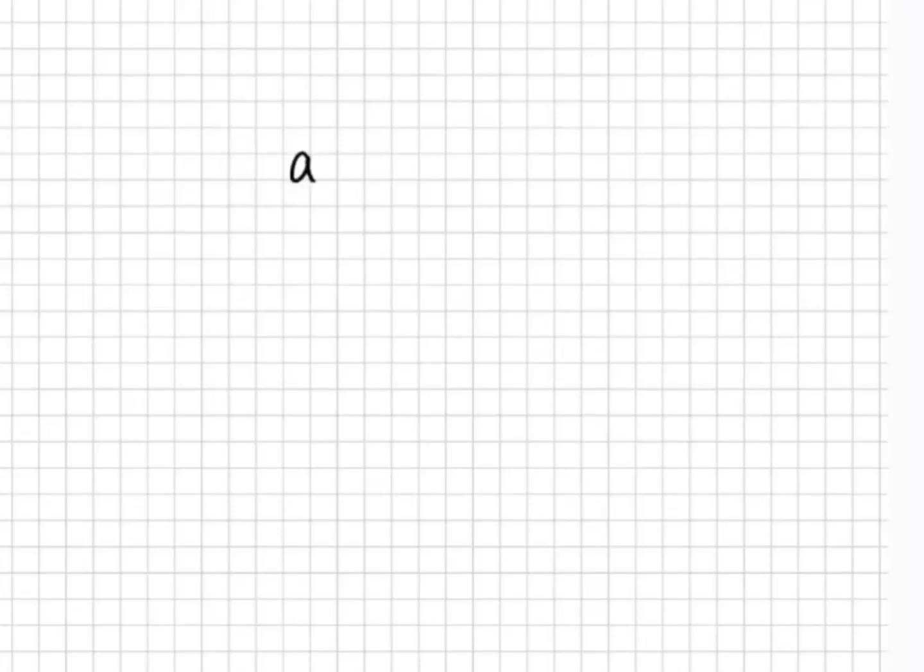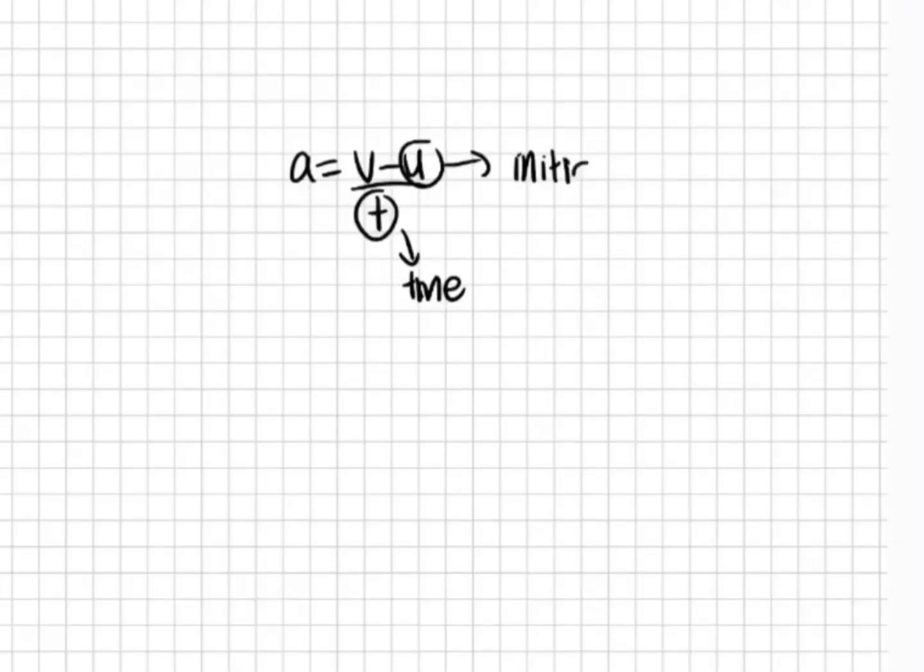Because we got the mathematical equation a equals v minus u on t, where t is time, u is initial velocity, or u can also be similarly depicted as vi, where i is initial, but I'm just going to use u.